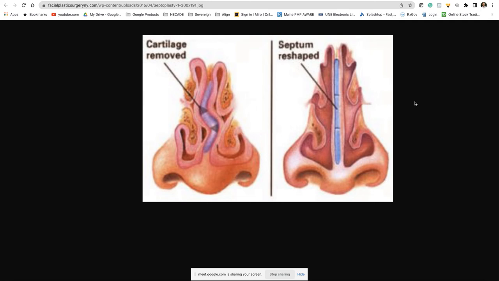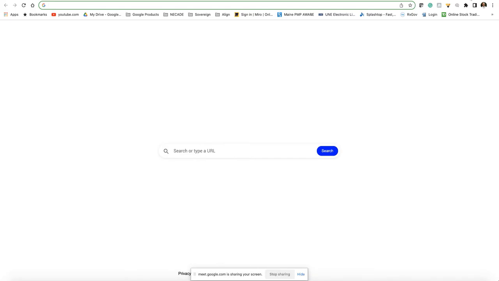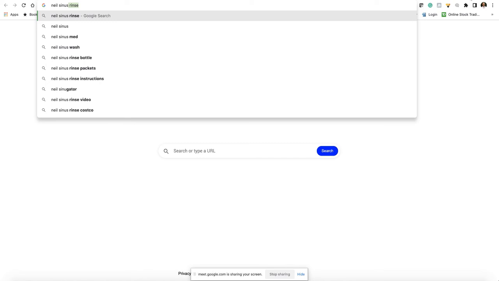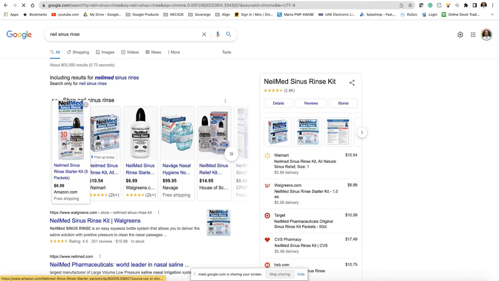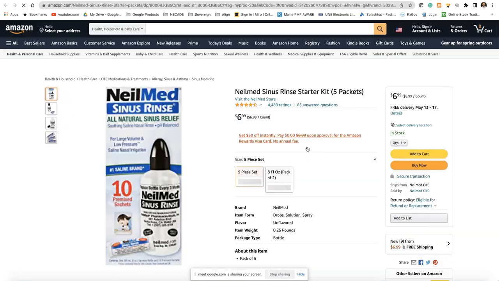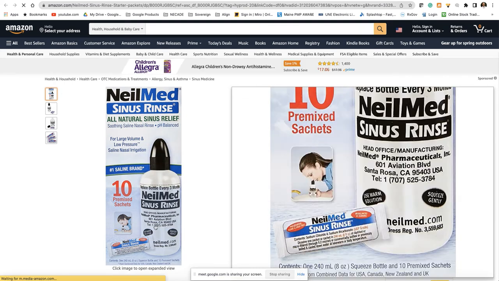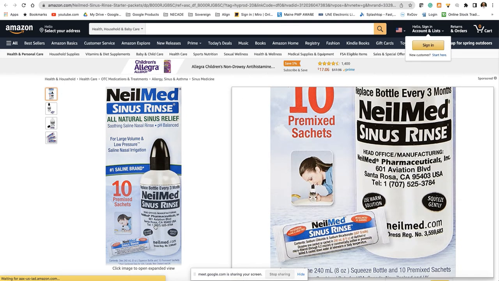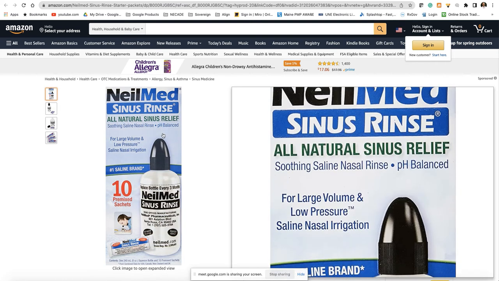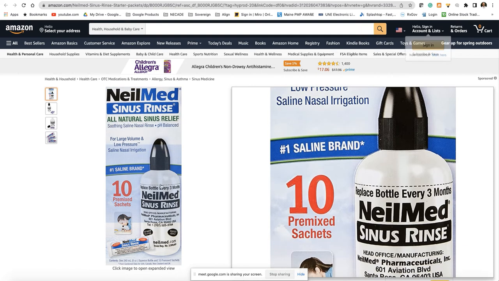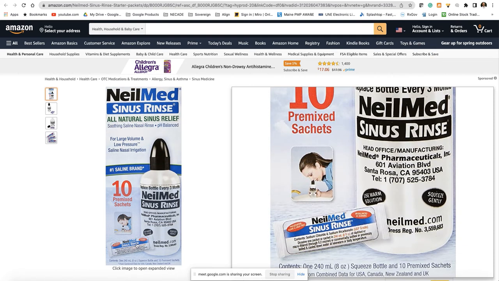Yeah, I'm using the NECADE. Let me show you guys what that is. NECADE Sinus rinse. This guy here. This is really cool. So this ENT came up with something akin to a neti pot. It's a squeeze bottle, and there's a hole in the top here, and you fill this with distilled water, and then there's a sodium chloride and bicarbonate mix that neutralizes the pH to the pH of your tissues.